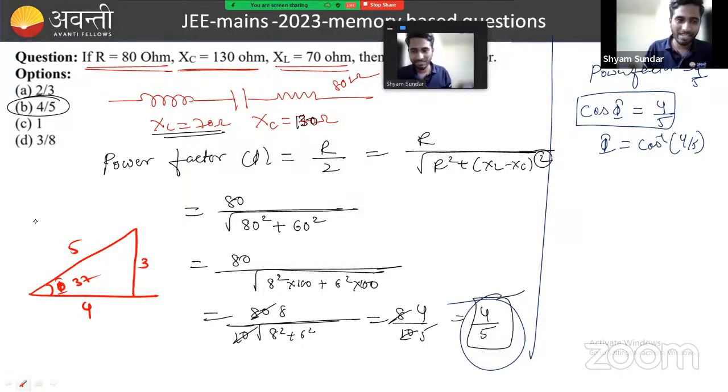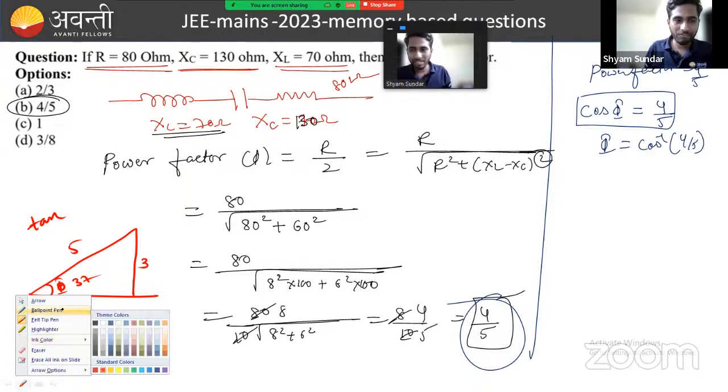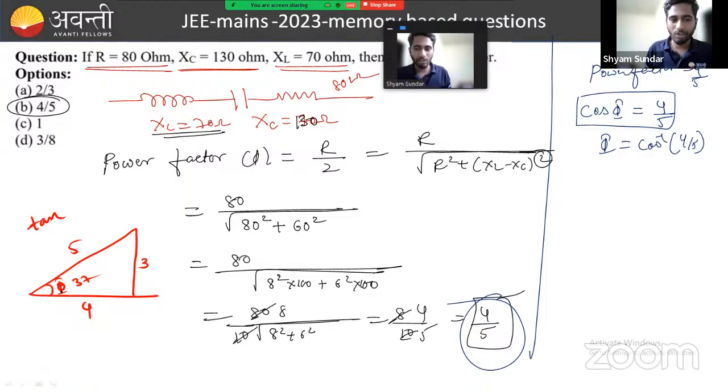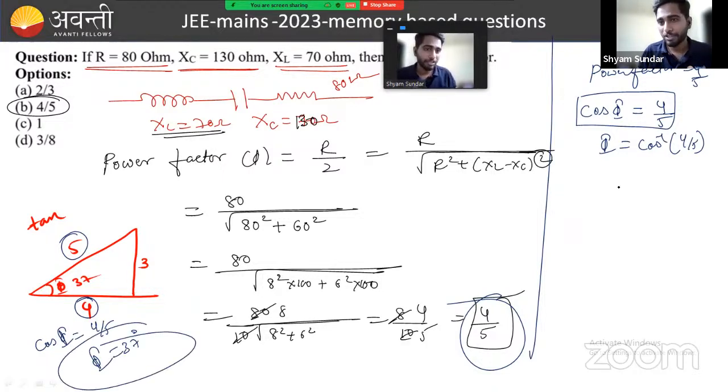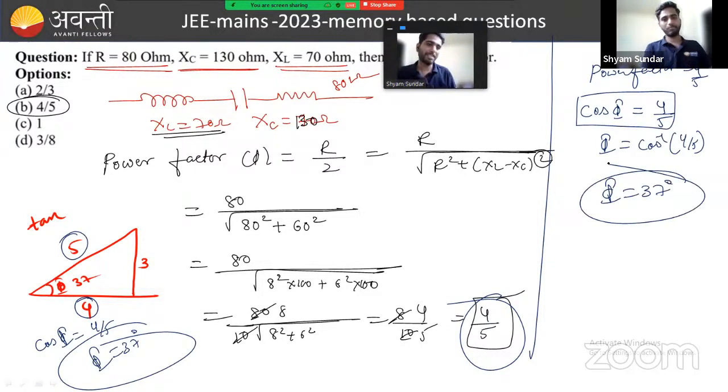Nothing different. This is for tan, we can write it, right? What I'm saying, if I take this as cos, it is nothing but base by hypotenuse, hence here cos phi will be equal to 4 by 5. It is nothing but phi, it is giving 37 degree. Right, now you can write this as phi is equal to 37 degree too.